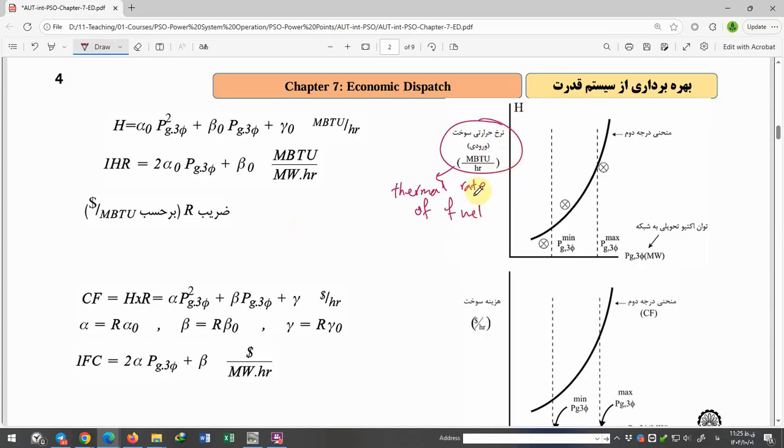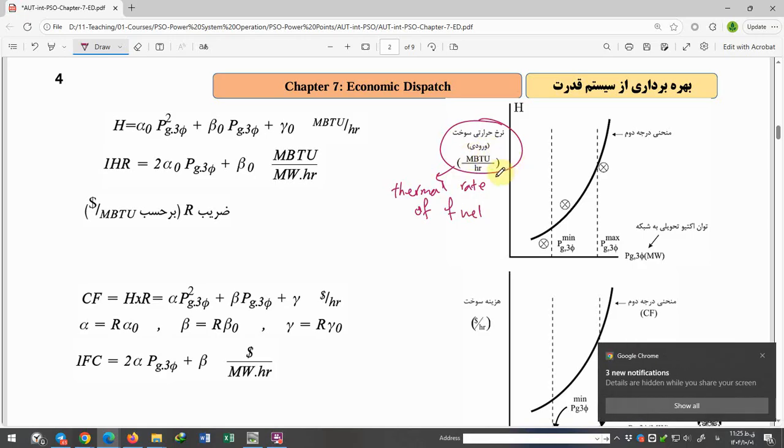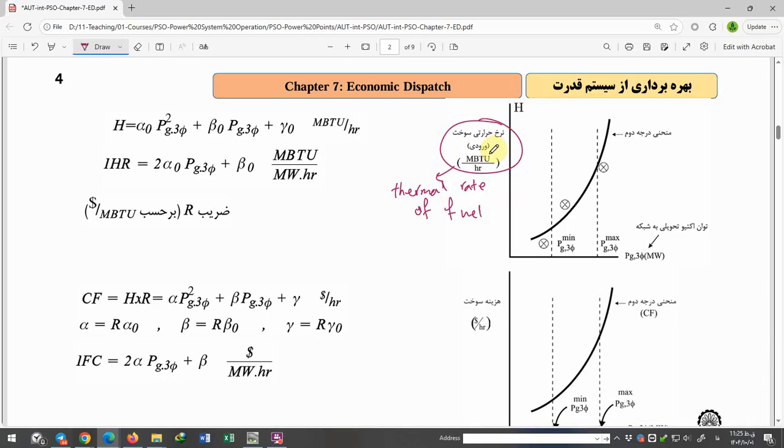The energy of fuel is called mega BTU. The mega BTU is like joule, calorie, joule. That is energy, BTU. Mega BTU per hour.